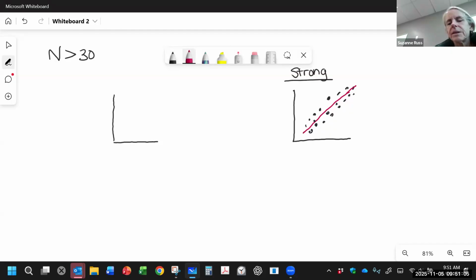This would be a strong positive relationship. And it might have an R around 0.8. Now, maybe this would be a 0.7, and we'd still say it's strong. Maybe it's a 0.9, we might say it's strong. You know, these are approximations.